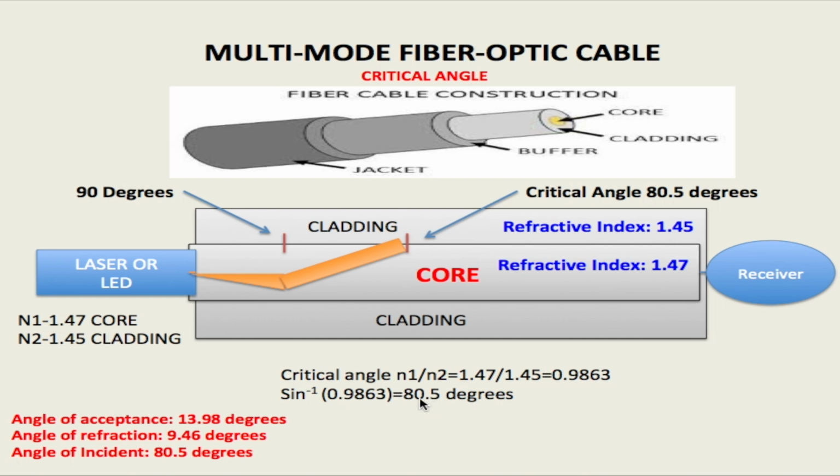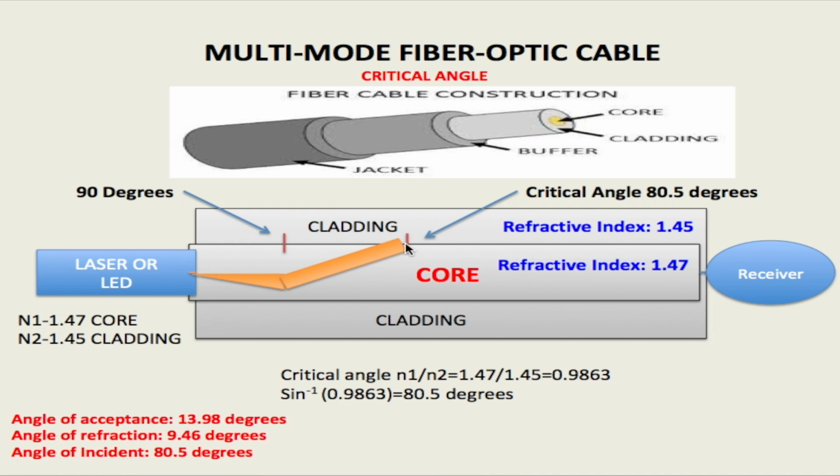Now 80.5 degrees is exactly the same as my angle of incident. Now the rules are, if the angle of incident is the same as the critical angle, you will have total internal reflection. The light would not be lost into the cladding. It would actually be reflected off and you will have total internal reflection.